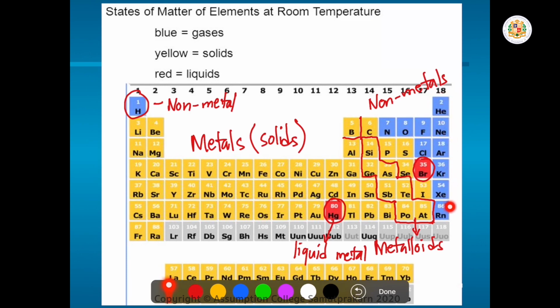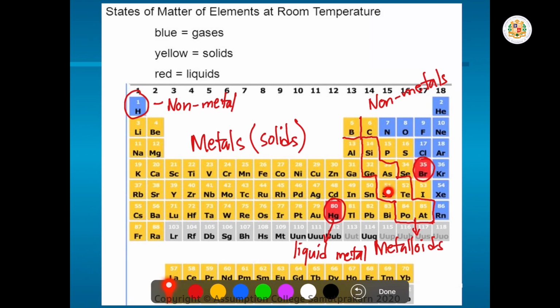As you can see, this entire group are all gases, together with nitrogen, oxygen, fluorine, and chlorine, while the rest, such as carbon, phosphorus, sulfur, selenium, and iodine, are all solid. Again, only one non-metal is liquid, which is bromine.